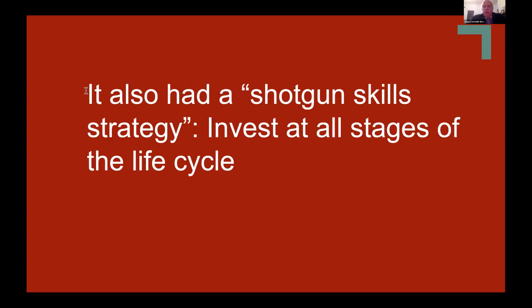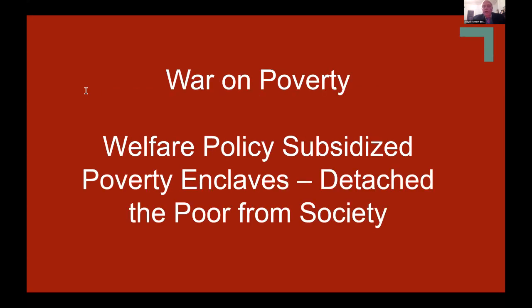It had also an approach called shotgun strategy. And that was without any understanding that we could invest productively at all stages of the life cycle. And the idea was we could invest in a poor person who was 10 years old or a poor person who was 70 years old, and equally efficiently do so.